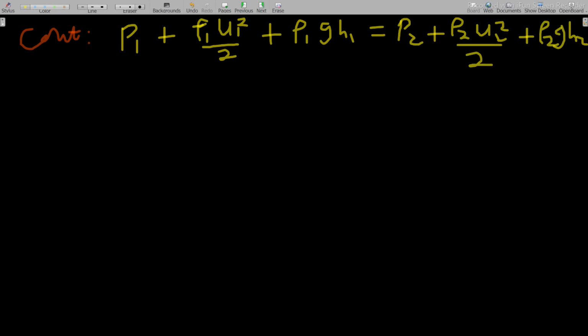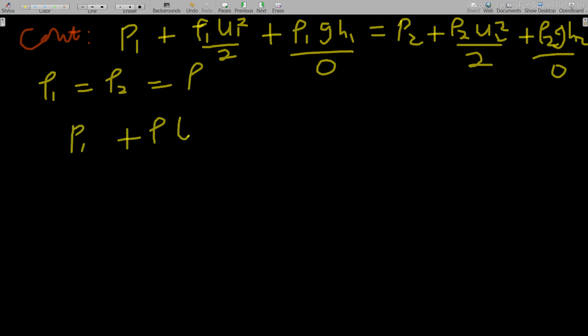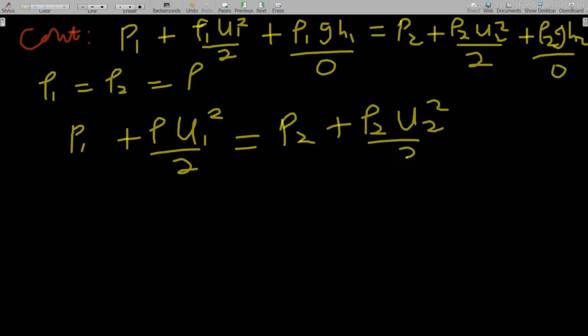Now we are saying this part is 0, so here is 0. Now it reduces. You are saying ρ1 is equal to ρ2 and they are equal to ρ, since we are dealing with incompressible flow. So the equation will turn to P1 plus ρ U1 squared over 2 equals P2 plus ρ U2 squared over 2.